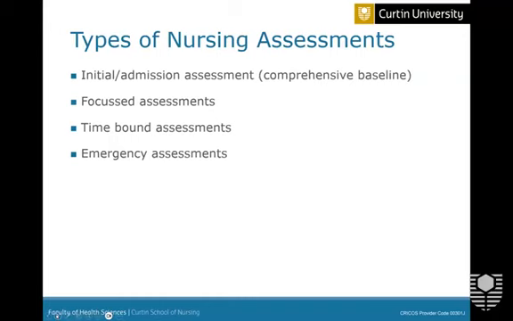Often we gather this information on admission to hospital, on admission to care, on admission to whatever procedure they might be needing. The second type of nursing assessment that's done is a focused assessment. Then we have time-bound assessments and of course emergency assessments.